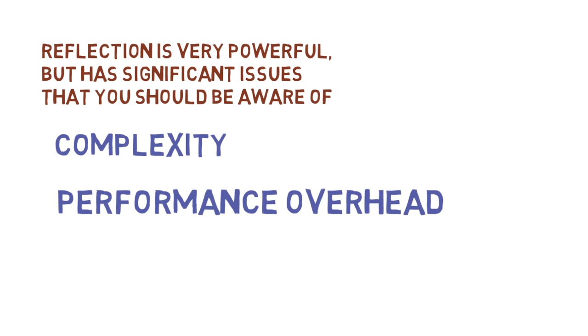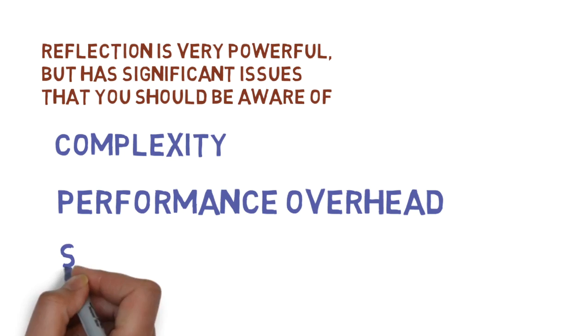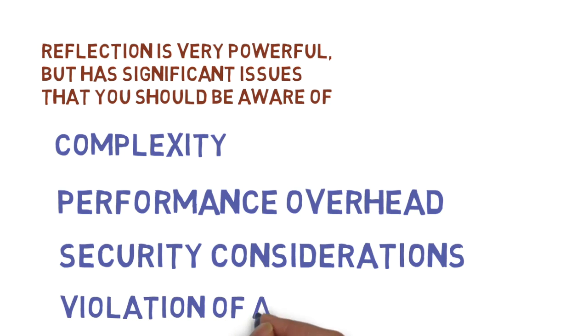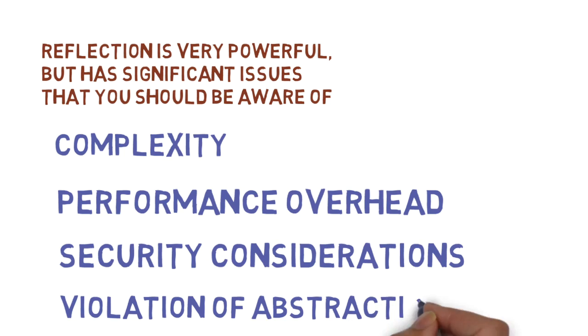Code using reflection can be significantly slower than code without reflection. Security considerations. The whole idea that you can examine the member variables of a particular class which does not belong to you, that's pretty scary. Violation of abstractions. The ability to introspect an object, see what its interface is, see its member variables, all of these put together violate the encapsulation of an object. And reflection allows you to do that.